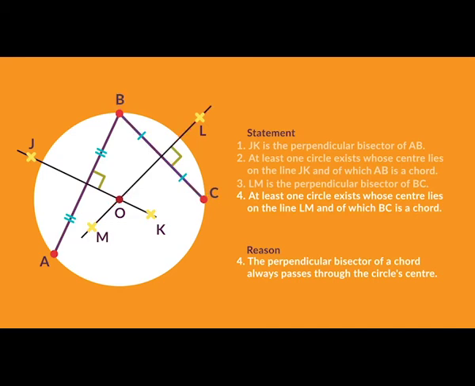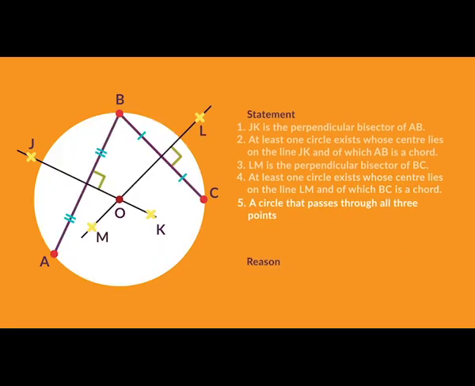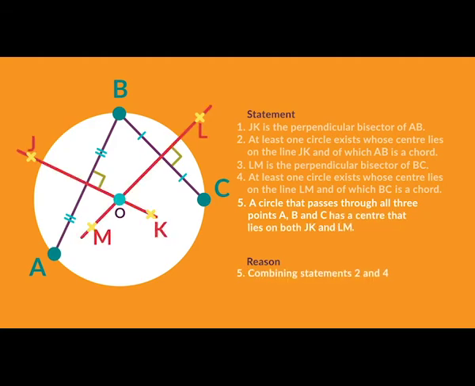Right then, we know a circle passing through AB has a center on JK, and a circle passing through BC has a center on LM. So if a circle passes through all 3 points, A, B, and C, then the center must be on both JK and on LM.